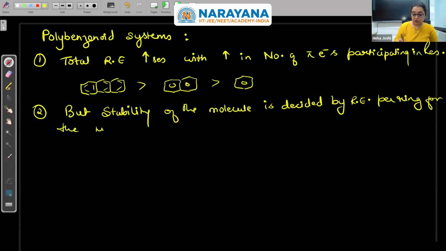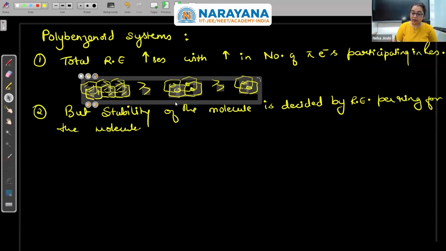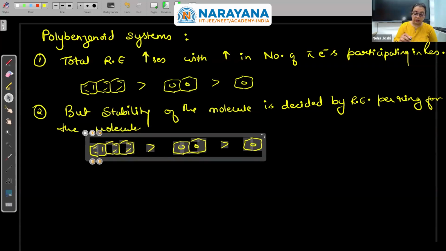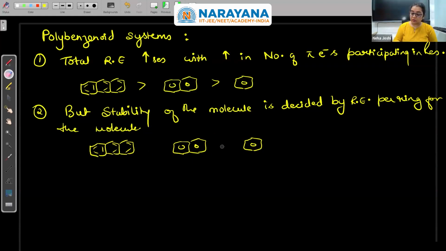So here, if I talk of stability, the order is just reverse. If I replicate it here, then the order is this. Per ring resonance energy is like this.